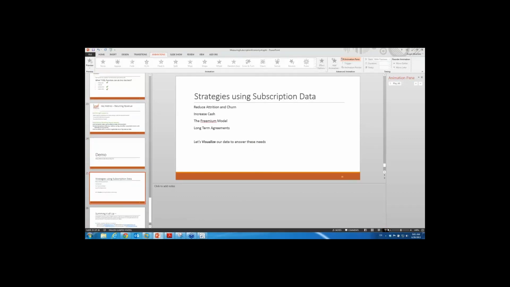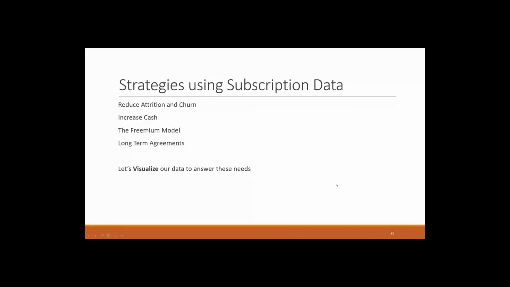So strategies for using this subscription data, we've already covered. We want to try to reduce churn and increase attrition. I actually messed that up. So we want to try to increase how much we hold onto our customers. We can do that by looking at what marketing campaigns are effective, or discounts, or looking at the time periods and seeing if we did some direct mailing.